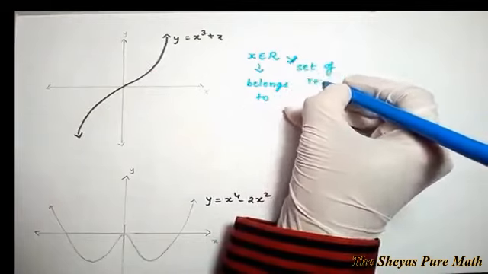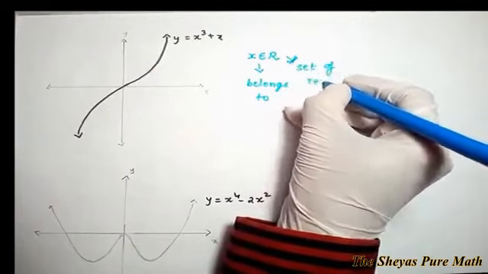See, in this graph, this point is -1, -1, and here this point is 1, -1.